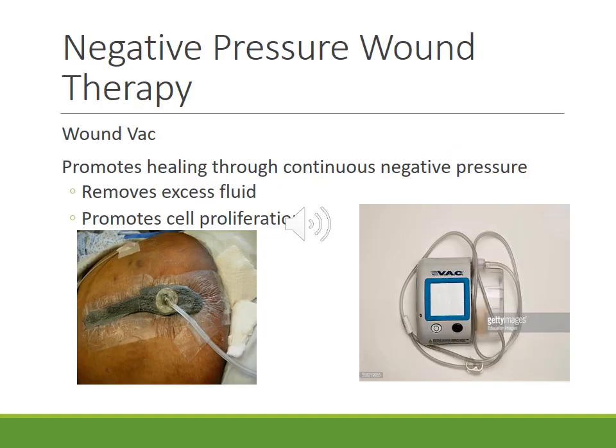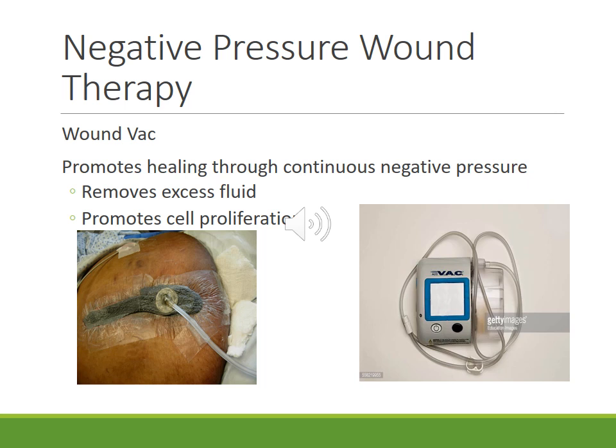I didn't see this talked about in your textbook, but I always like to put this slide in this presentation. This is what we call a wound vac. You will see this on patients that have a stage 4 pressure ulcer, where it's super deep, down to the bone. You may see them apply a wound vac.